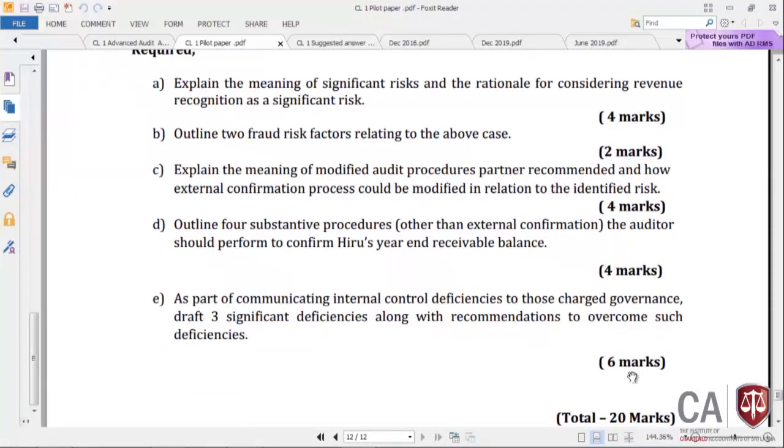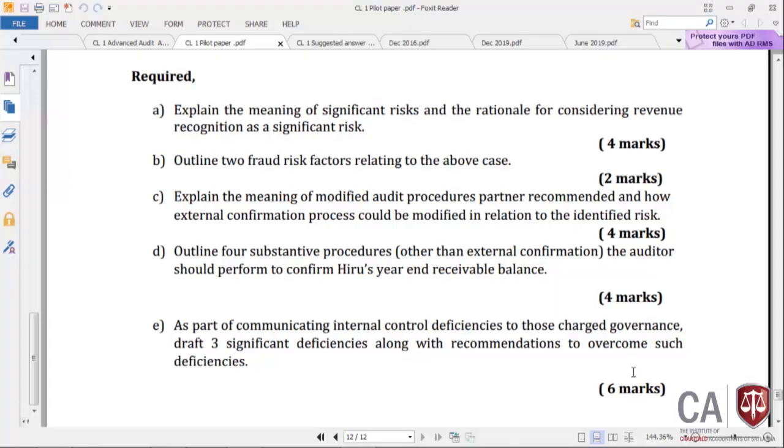If you look at part E of the question, for 6 marks: as part of communicating internal control deficiencies to those charged with governance, draft 3 significant deficiencies along with recommendations to overcome such deficiencies. Remember that this practical application of internal control is not as difficult as audit planning, fraud risk identification, other assurance engagements or digital auditing.